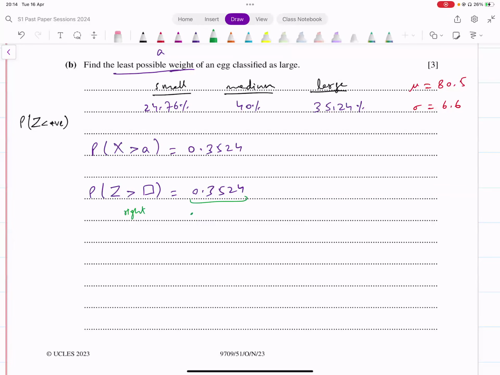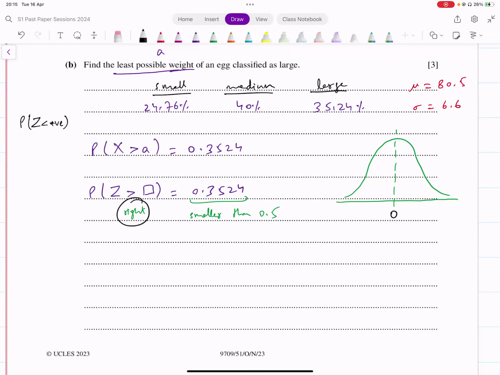This is smaller area. Smaller than 0.5. What does that mean? If the normal distribution curve looked like this, since the total area under the graph is 1, where can we place Z here? Is Z going to be placed on the right side or on the left side?